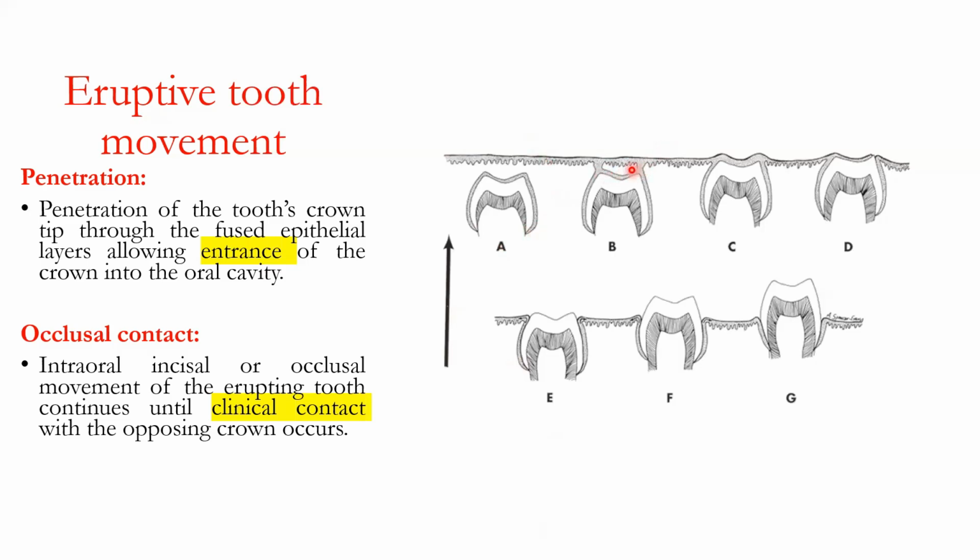That reduced enamel epithelium will fuse with the oral epithelium, and some hydrolytic enzymes are released to lyse that, and eventually the tooth penetrates the oral epithelium. So that's the penetration. And once it enters the oral cavity, it grows or moves occlusally until it reaches in contact with the opposing tooth. So that's the occlusal contact.